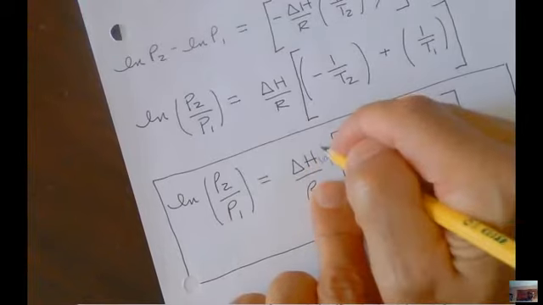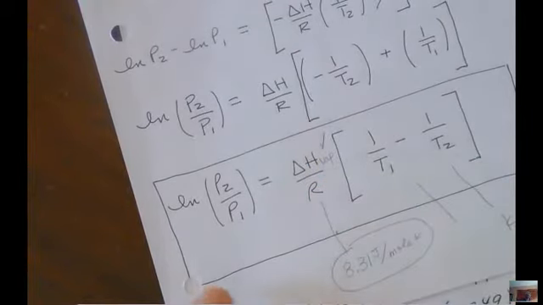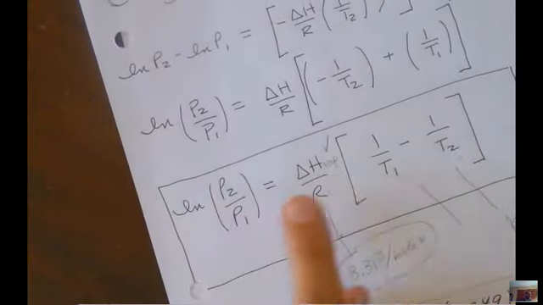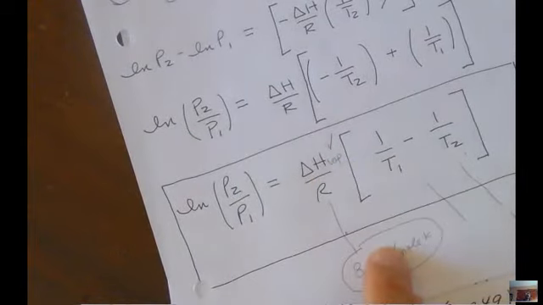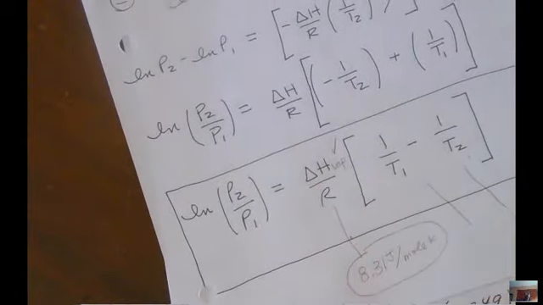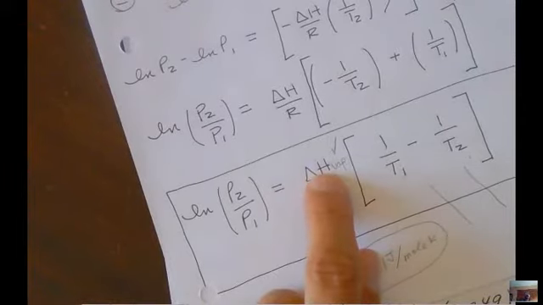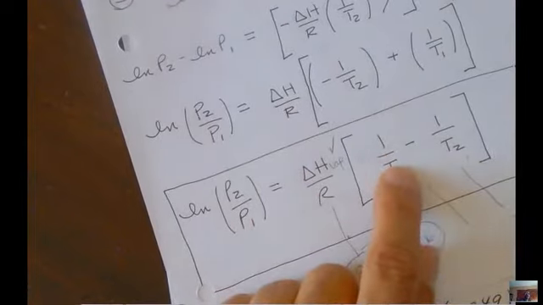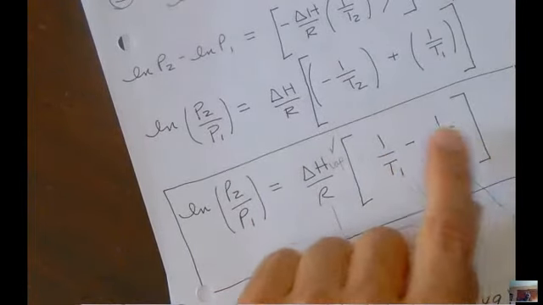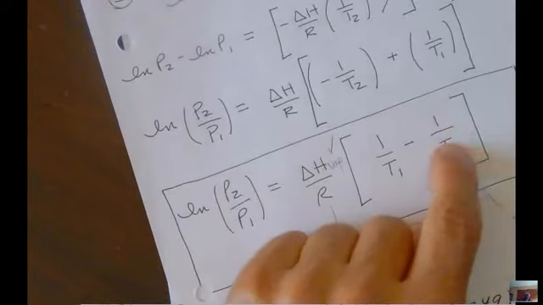So that's important. Okay, so I could give you 2 temperatures and 2 pressures and ask you to calculate delta H of vaporization. It'll come out in joules naturally. Then you can just change it to kilojoules because it'll be so big. Or, what's more likely, I can give you delta H of vaporization, 1 set of temperatures and pressures, and ask you what is the vapor pressure at a different pressure.